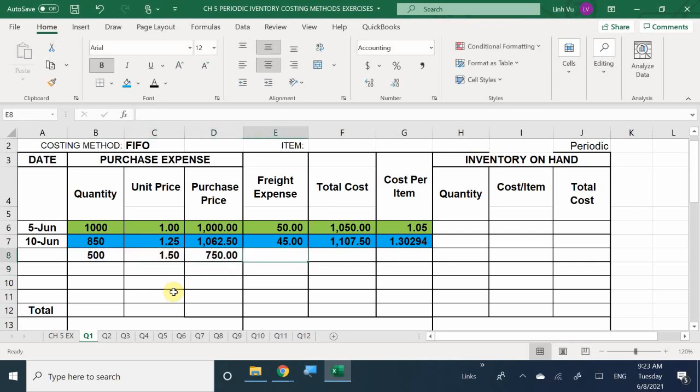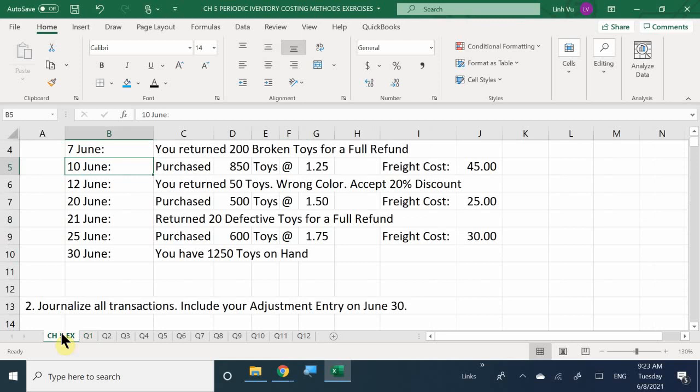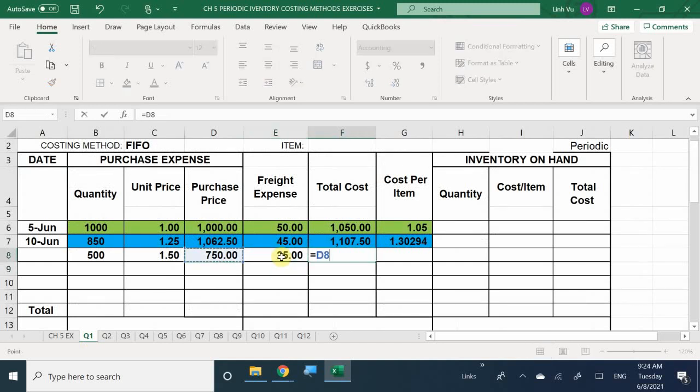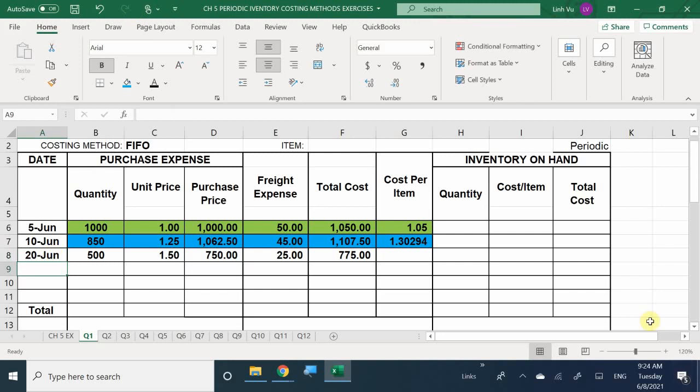Plus the shipping cost. Was it $25? Let's take a look. Yes, so it came to $775. And that's the 20th.